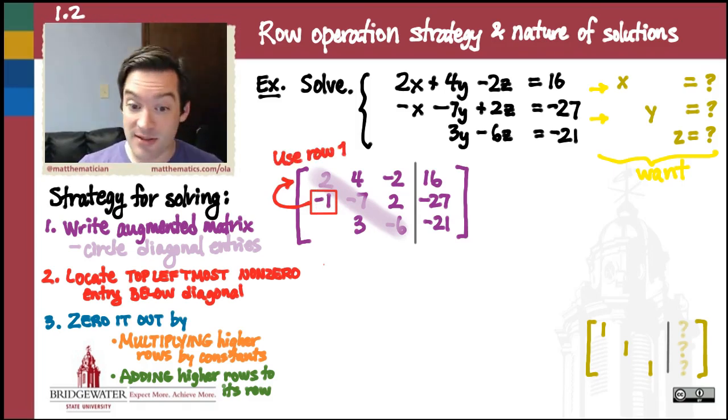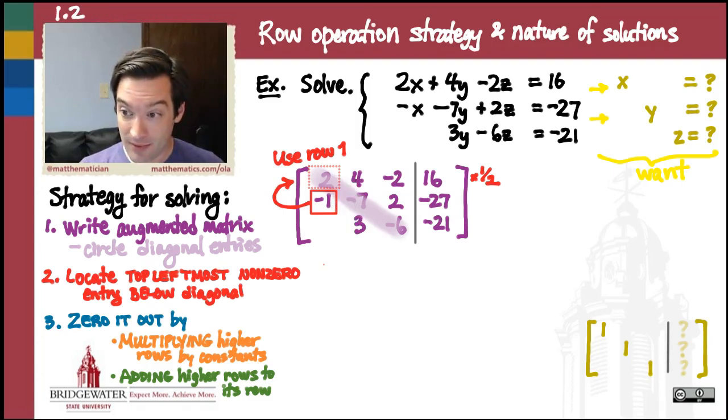And in particular, because I'm adding rows together and multiplying rows by constants, I'm never going to be able to get together a coefficient of an x with a coefficient of a z, for example, because they're not like terms. And so the only choice for a number that's going to zero out my -1, which is the coefficient of x in my second equation, is a coefficient of x from another equation. And the only option here that's above it is the 2 that's sitting here in row 1. So the goal here is going to be to somehow use this 2 to knock out this -1.